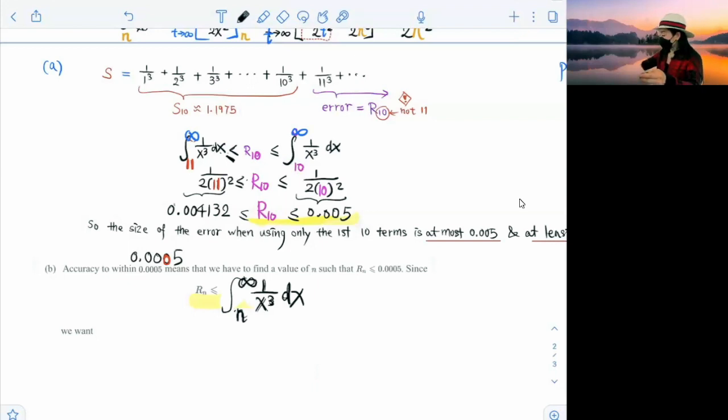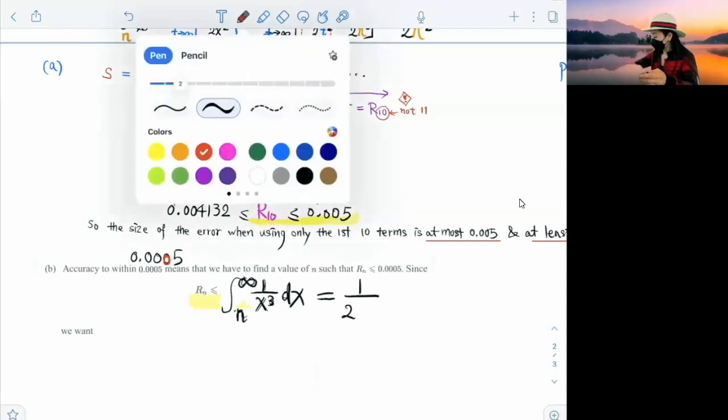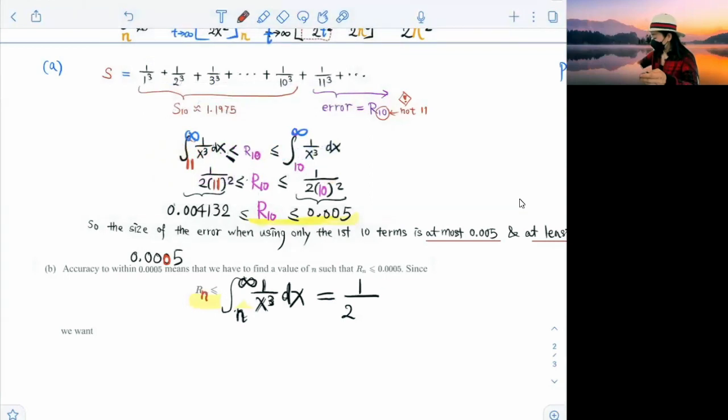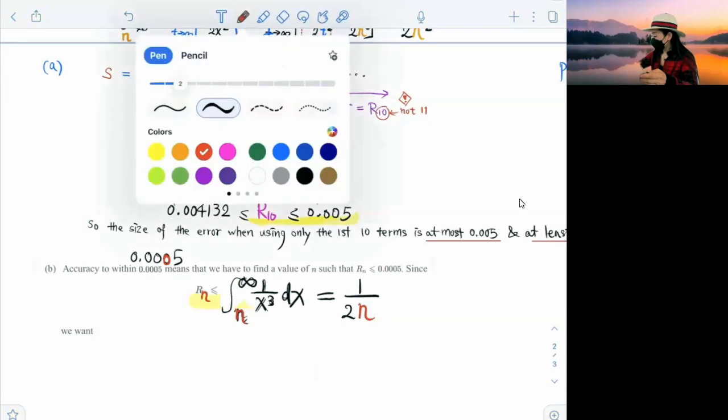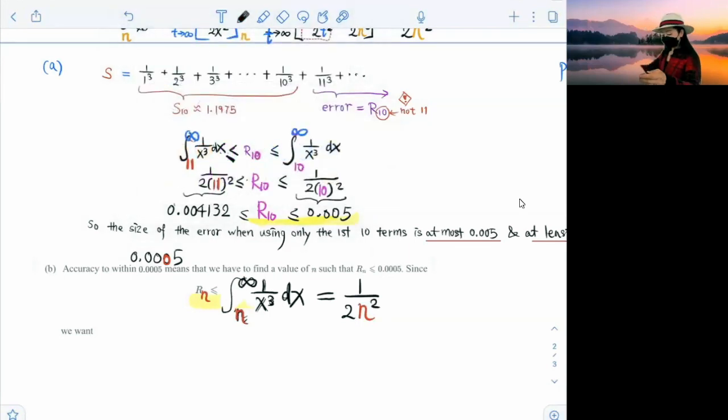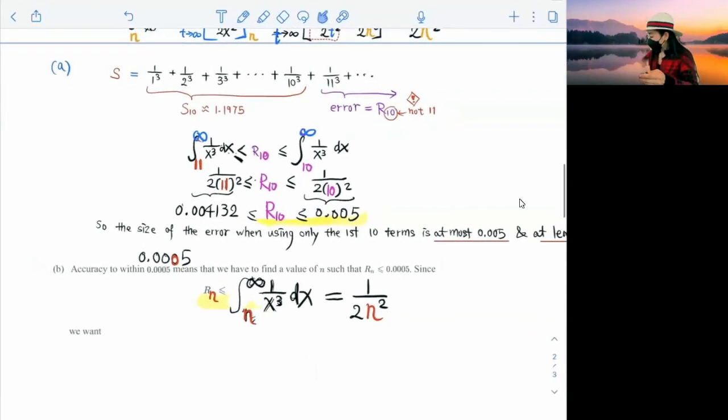And we already did this integral; that is 1 over 2n squared. Remember, this is n, this is n, then this is 2n squared. So we know that Rn is less than or equal to this.